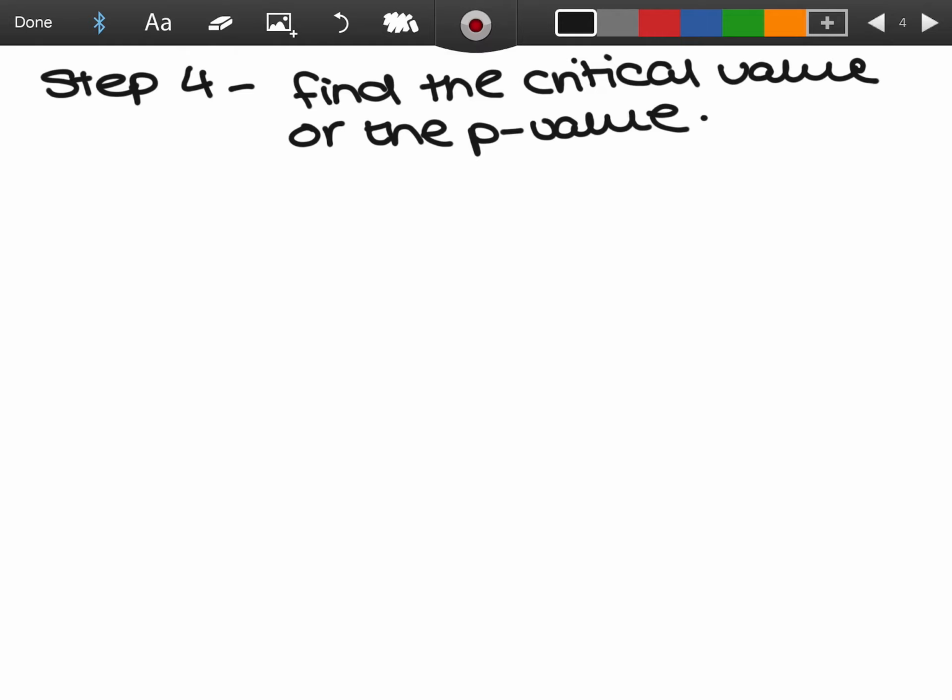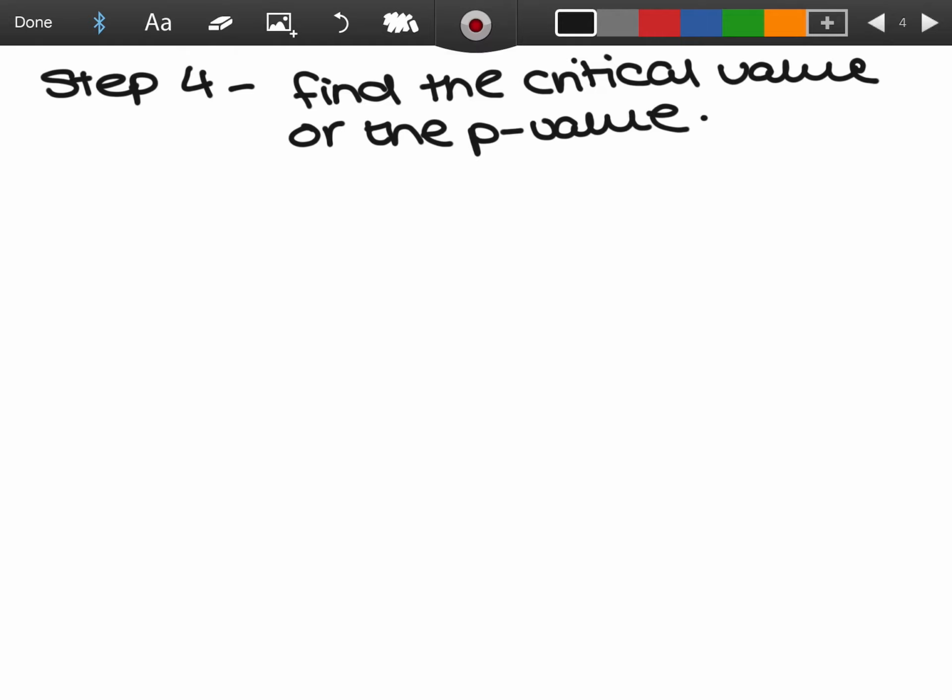the easiest way to do it is if you go into Hawks, go into tables. We've looked at one of these tables before. But if you go into tables, on the left-hand side, there should be a tab for chi-square. Okay, if you click on that, all of that table is then for critical values within the chi-square distribution.